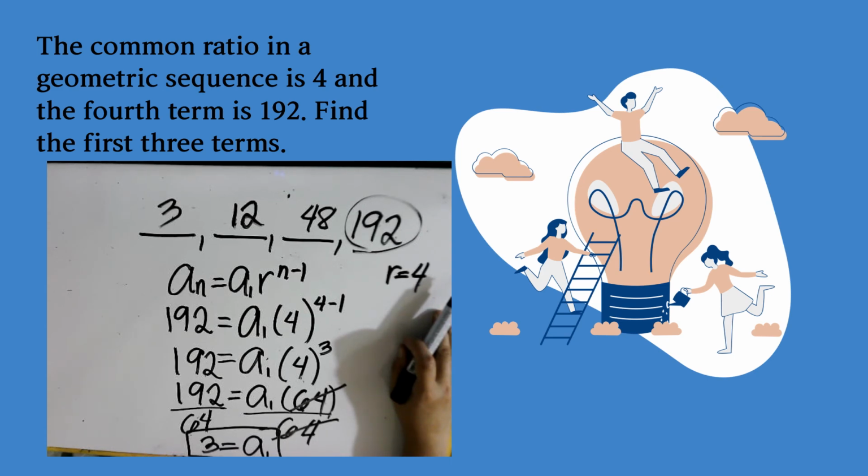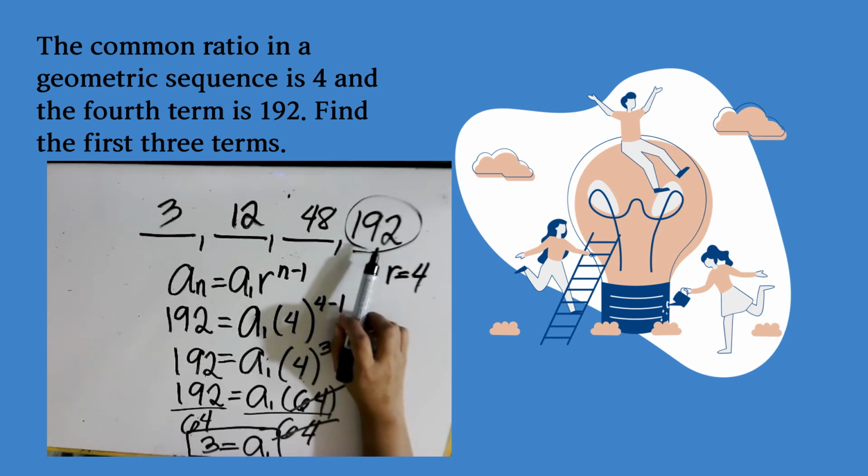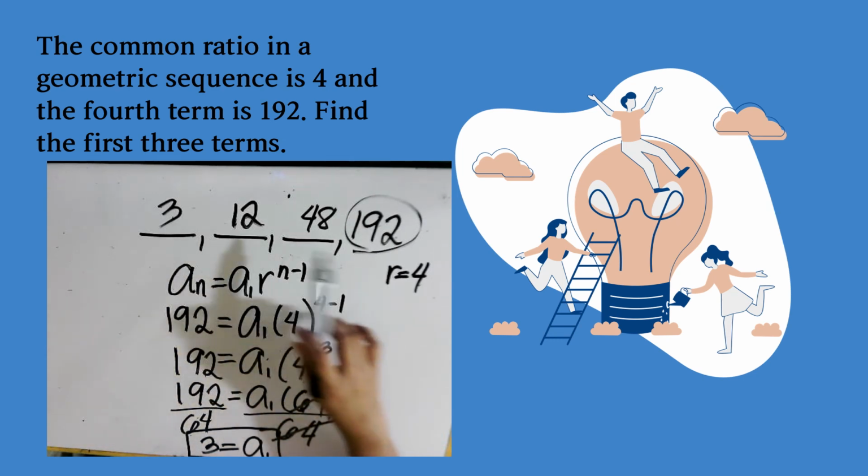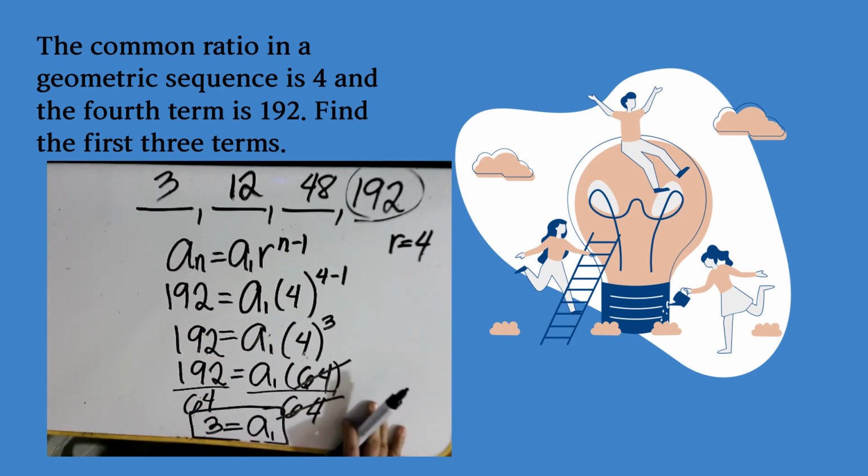Pero, ulitin ko, kung malayo ang given term, tapos ang hinihingi ay first term o kaya first 3 terms, pwede tayong gumamit ng formula para masolve yung unang term. At mula nun, pag may unang term na, i-times na lang sa common ratio para naman makuha ang second term, tapos third term. Okay?